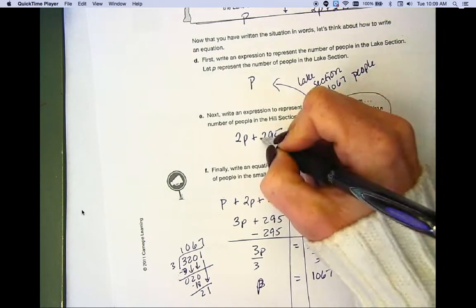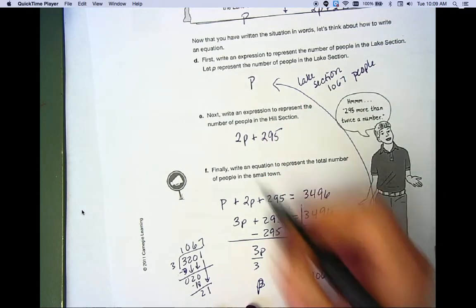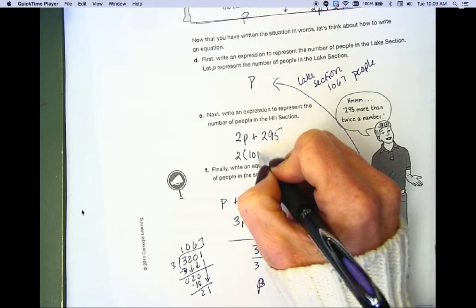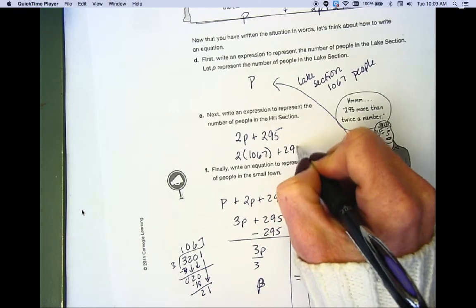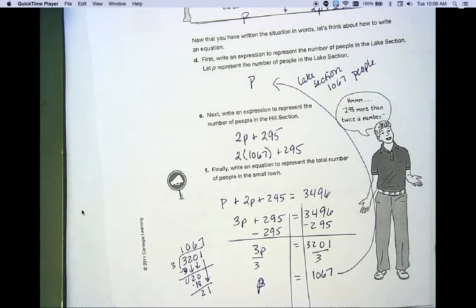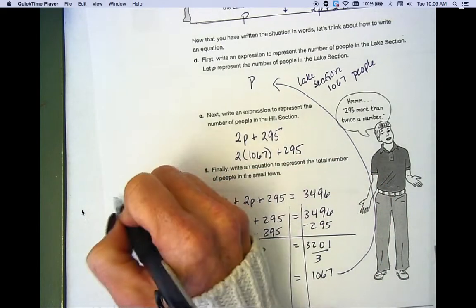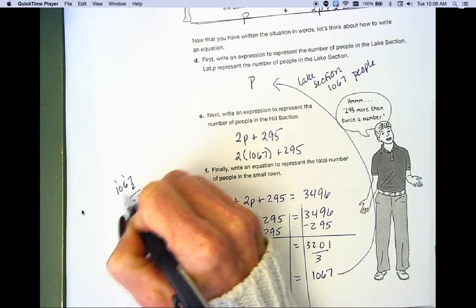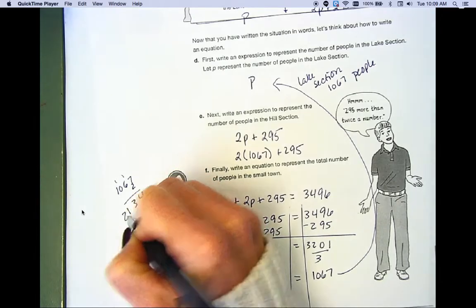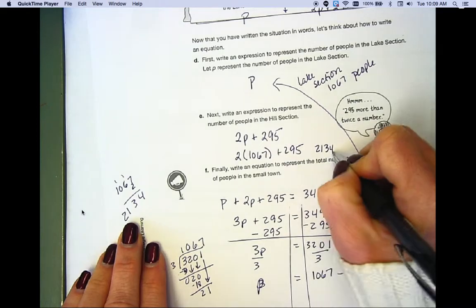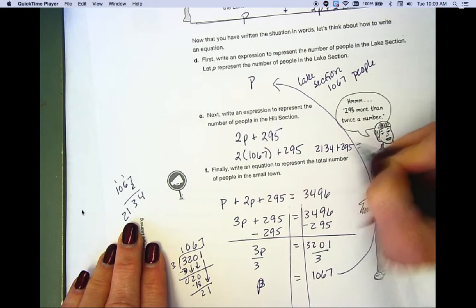To find the hill section, I plug this in for P. So 2 times 1,067 plus 295. When we multiply 1,067 times 2, this gives me 2,134 plus 295.